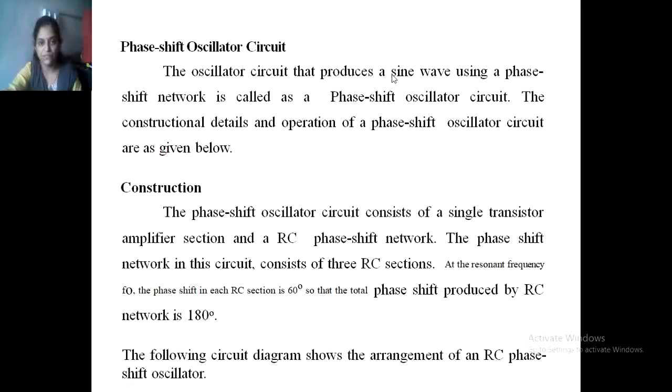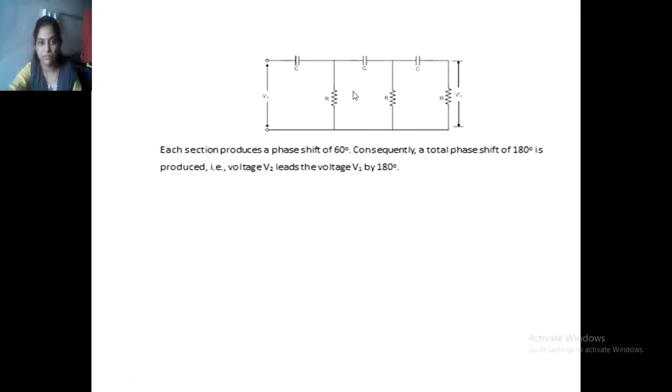Here, three RC networks are connected with each other. Each section produces a phase shift of 60 degrees. Consequently, a total phase shift of 180 degrees is produced.